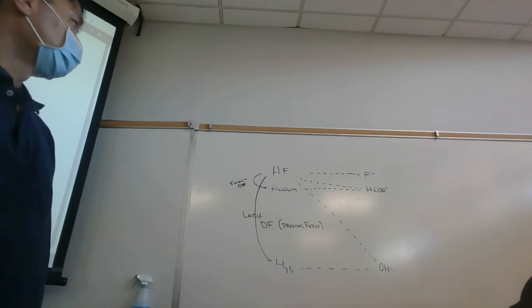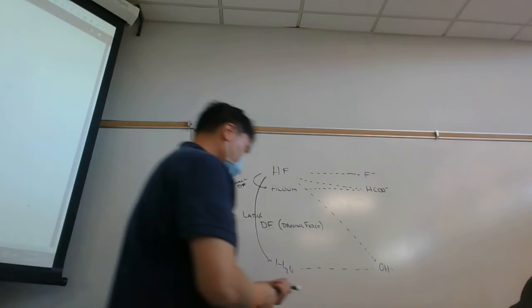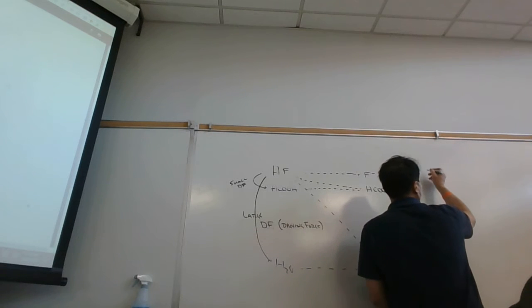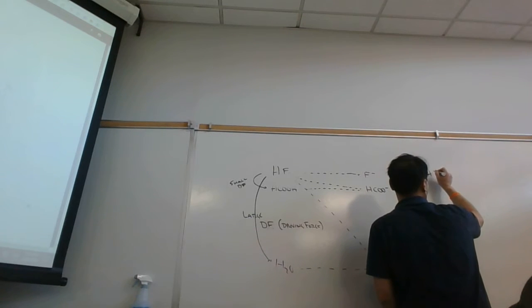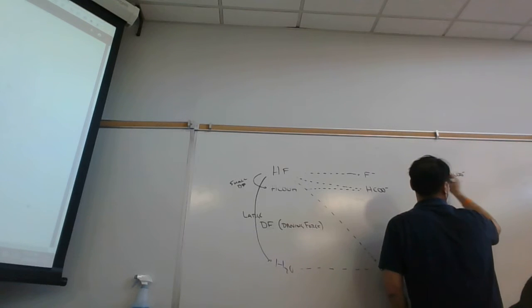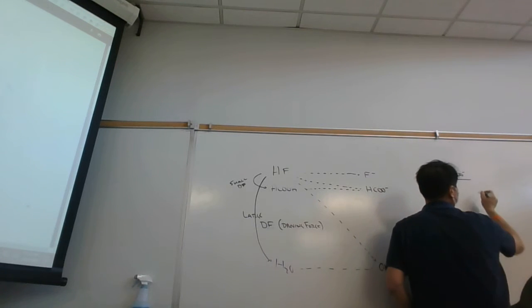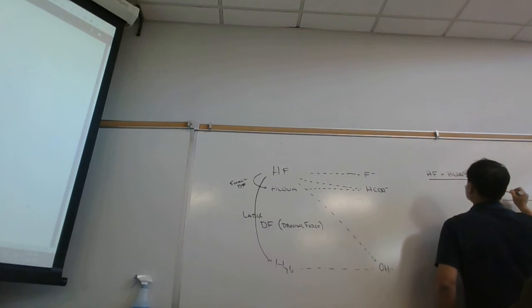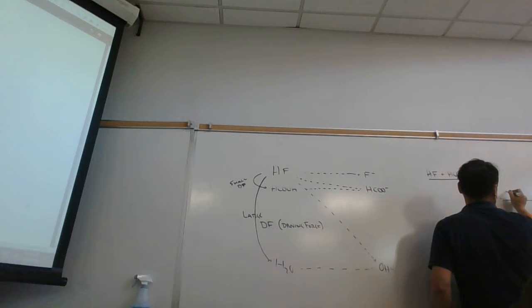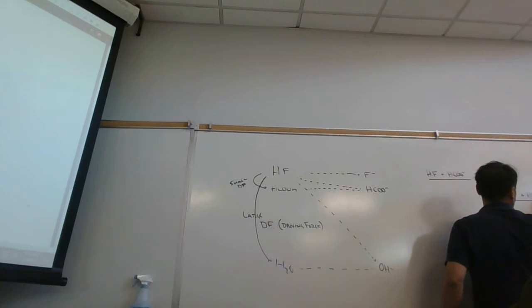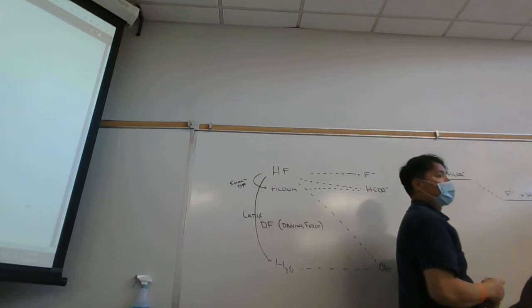To create formic acid? Yeah. If I do the whole reaction like that, I'm going to have HF plus HCOO minus, and this is going to go downhill to F minus plus HCOOH. So it's a Bronsted acid-base reaction.